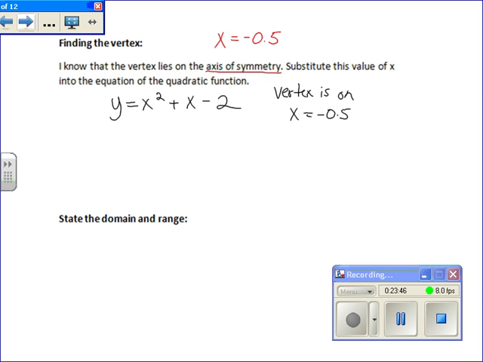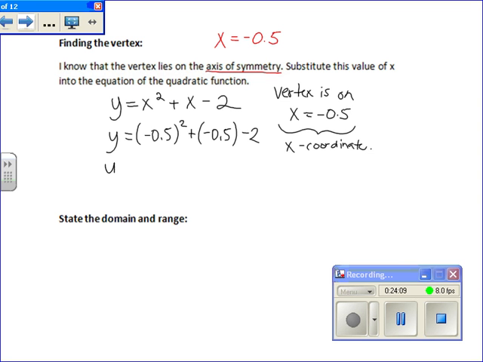So I know that's its x value. That tells me that's the x coordinate of my vertex. So I'm going to just go ahead and plug that negative 0.5 into my equation everywhere I see an x, and I'm going to solve to figure out what the y value is.